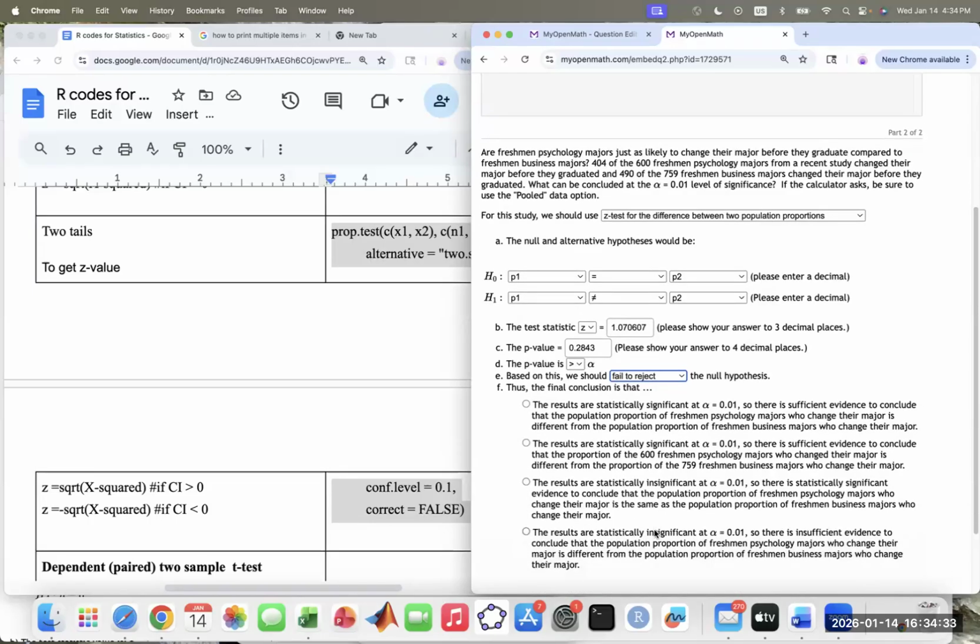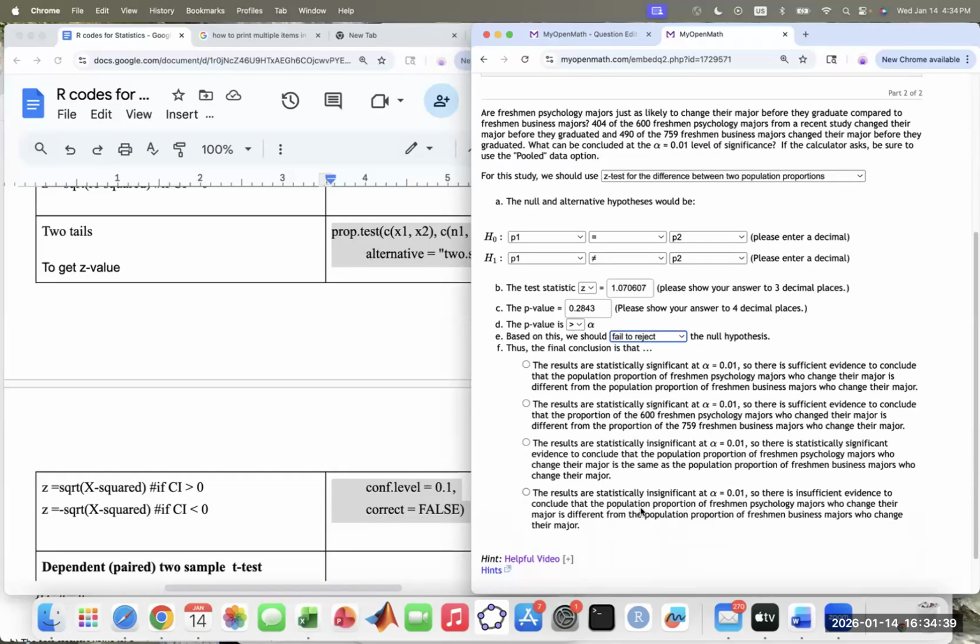Then there's the one saying there is statistically significant evidence to conclude that the proportions are the same, but they say insignificant. So we want to choose this one here.